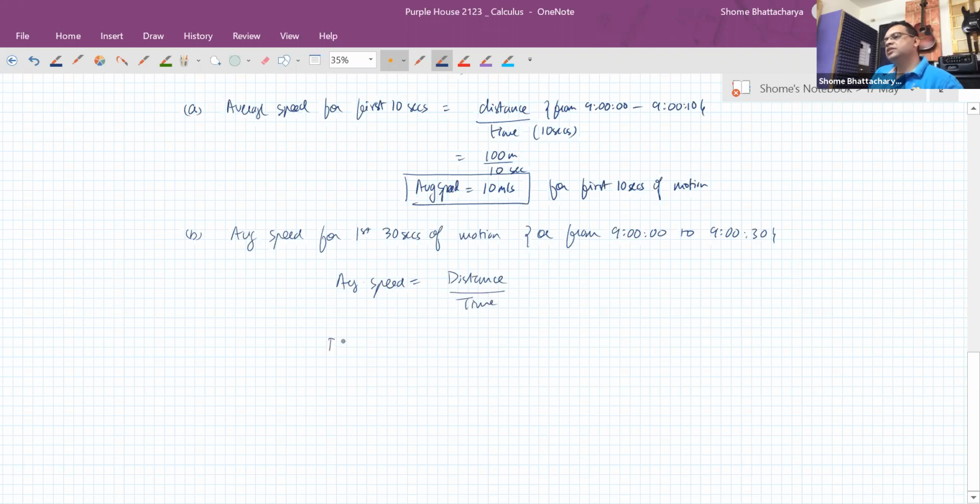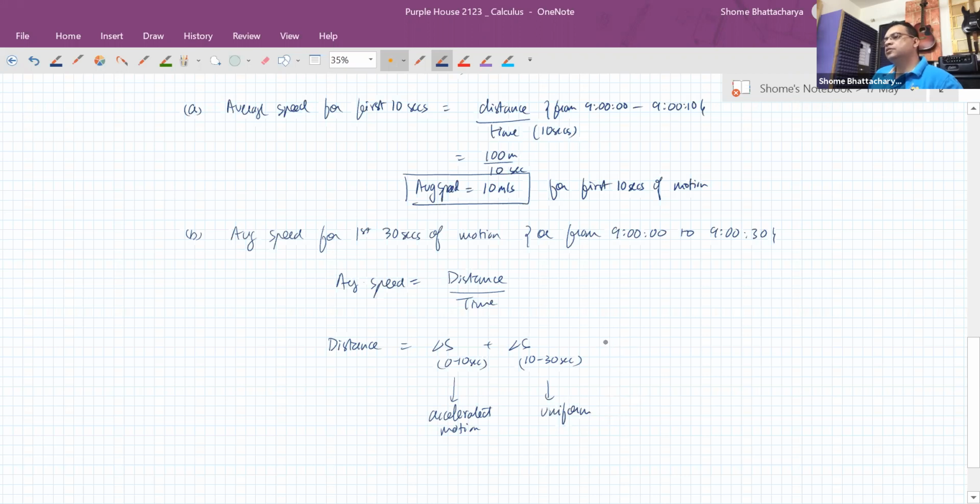So what about the distance? It will be equal to the distance traveled from 0 to 10 seconds plus the distance traveled from 10 to 30 seconds. Why have I written this separately? Because during this time, it is having accelerated motion, and during this time, it is having uniform motion.